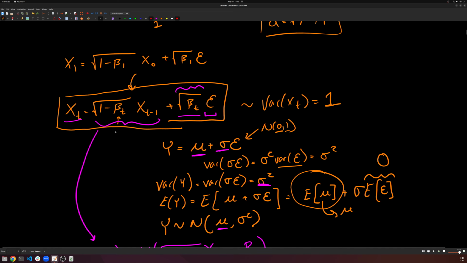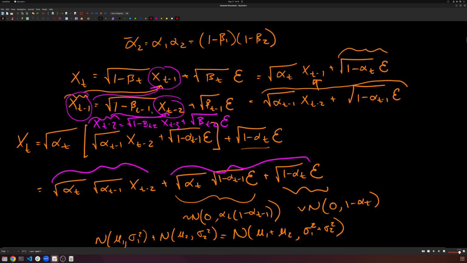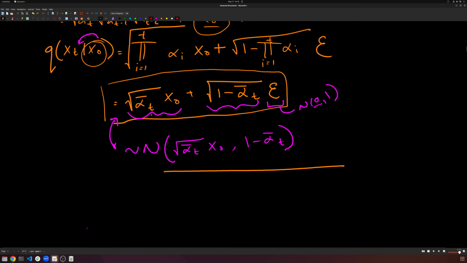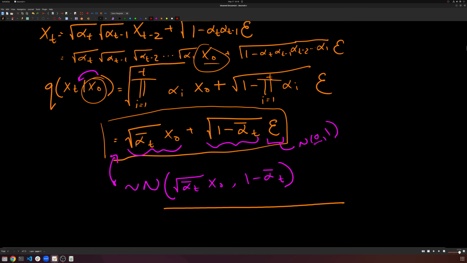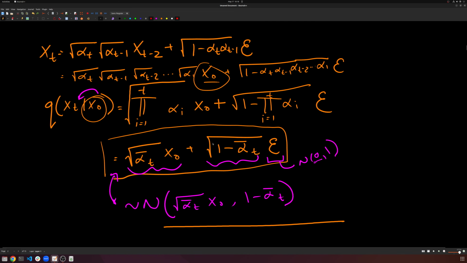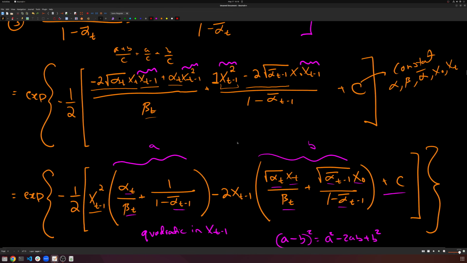Yeah, here we go. xt is equal to the square root of 1 minus beta t, xt minus 1, plus square root of beta t epsilon, and then when we recursively do it, we wrote the full form from x0. It's going to be the square root of alpha hat t x0 plus square root of 1 minus alpha hat t epsilon, right? That's how we get xt, depending on x0. So we're just going to rewrite that again.